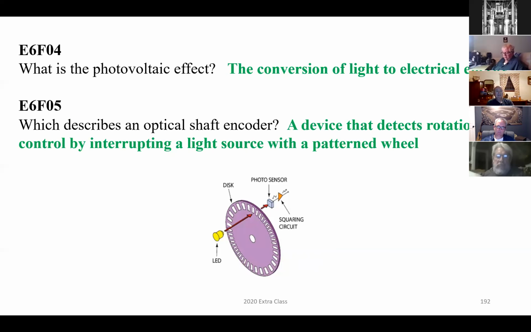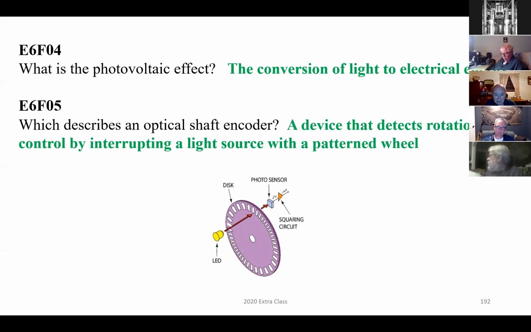Number 5, what describes an optical shaft encoder? It's going to be a device that detects rotation of a control by interrupting a light source with a patterned wheel.